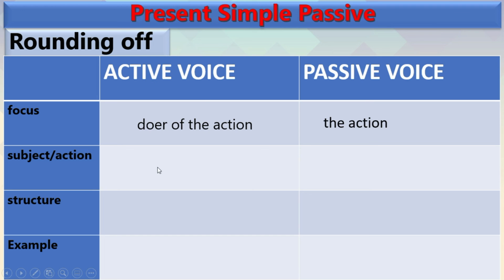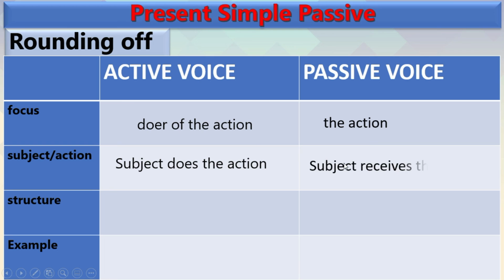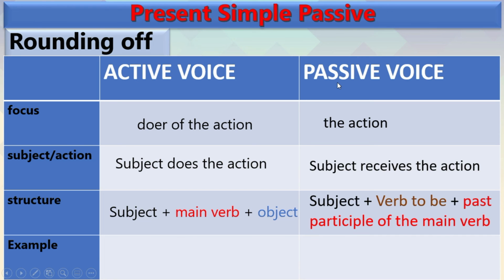In the active voice, the subject does the action, while in the passive voice, the subject receives the action. The structure of the active voice is subject plus the main verb plus the object. And the structure of the passive voice is subject plus verb to be plus the past participle of the main verb.